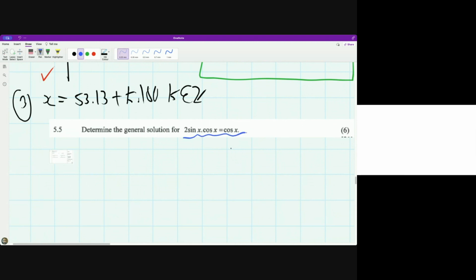Now, I'm going to show you another trick here, because in this scenario there's another way you can solve something like this. Give me a thumbs up if you understand what I did there.